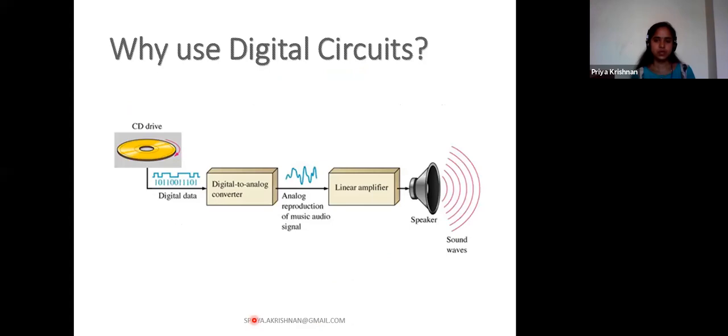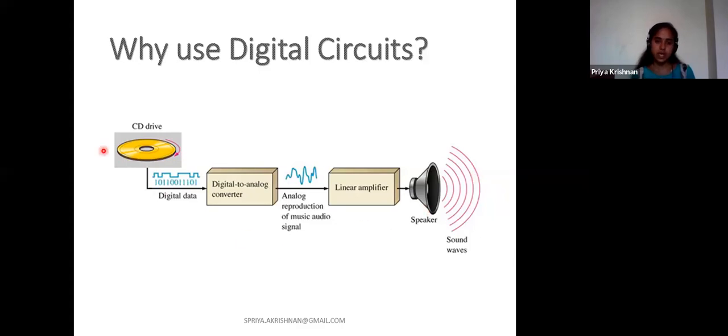So why do we use digital circuits? If you save the data in your CD drive, pen drive or memory card, it is saved in the form of ones and zeros. To hear the song back, I need to convert the digital to an analog signal, and again I need an amplifier to amplify it, and then I can hear the analog sound waves.